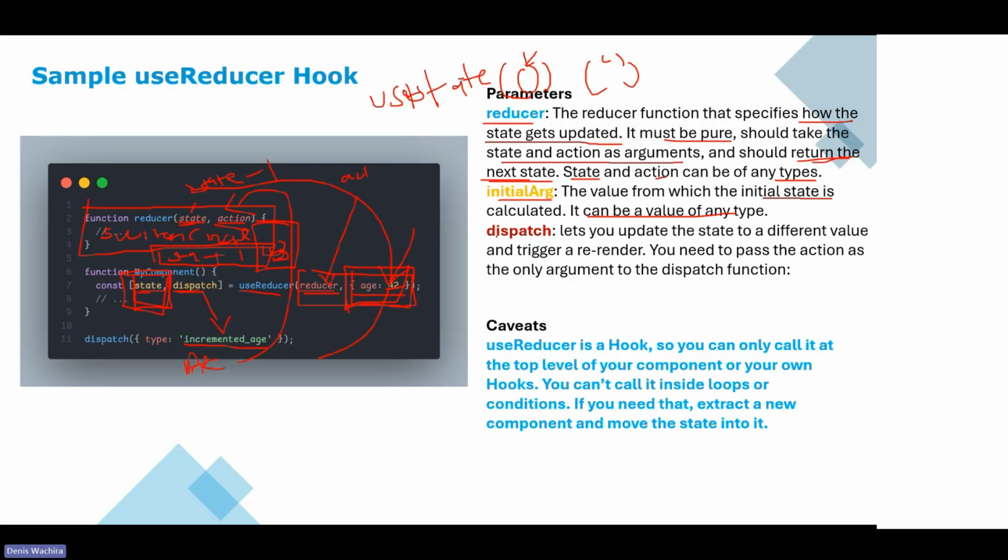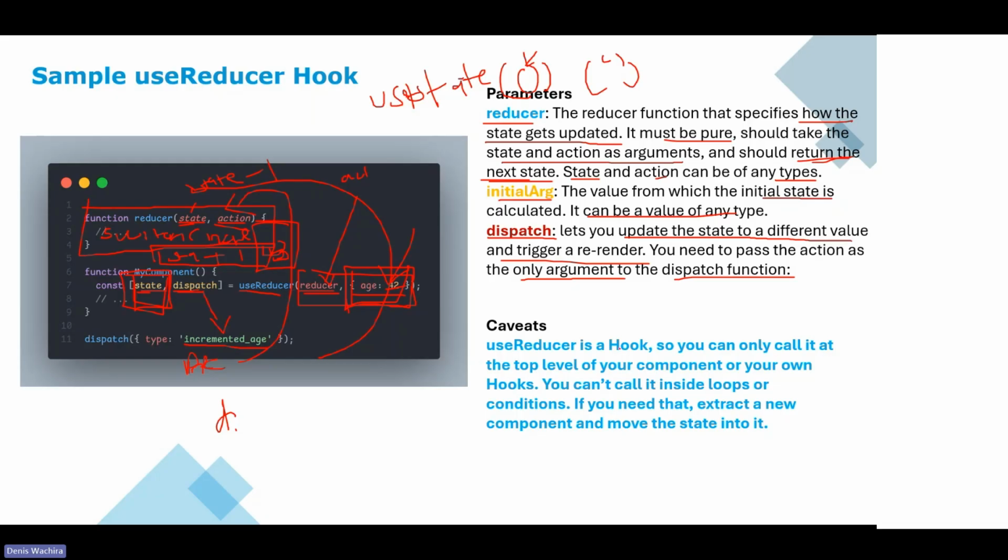Then the dispatch function lets you update the state to a different value and trigger a re-render in your component. You need to pass the action as the only argument to the dispatch function. So the dispatch function will only accept the action you are passing. It won't accept any other thing.